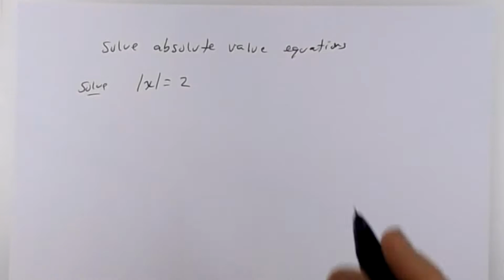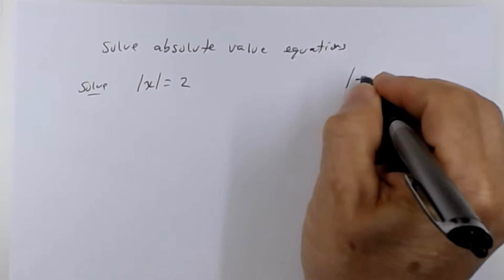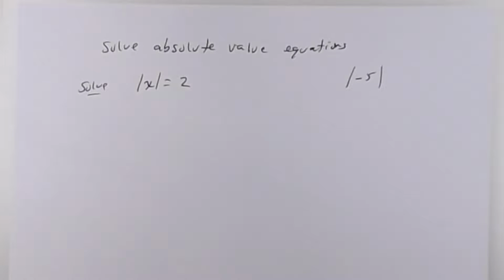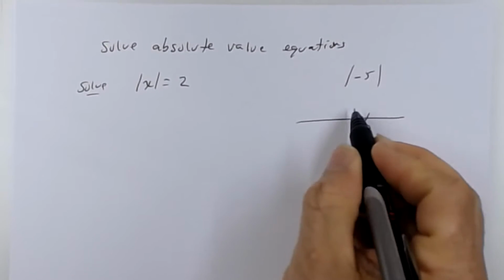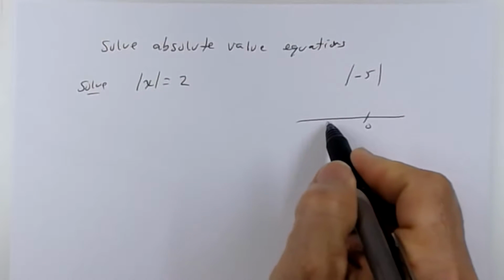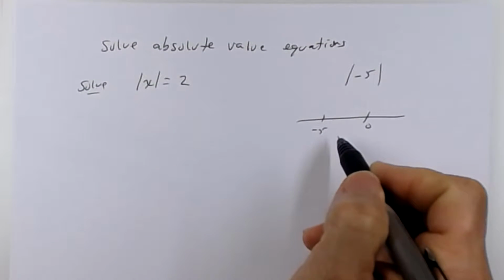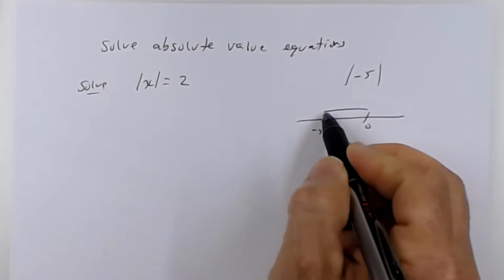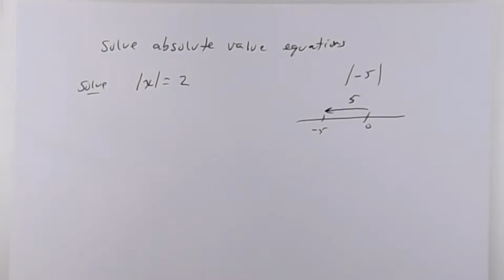So if you're asked what the absolute value of, let's say, -5 is, if you look at the number line, -5 is on the left side of 0, and that distance is what? 5. So the absolute value of a number is always what kind of number? Positive, unless you're taking the absolute value of 0, which is just what? 0. So the absolute value measures distance.